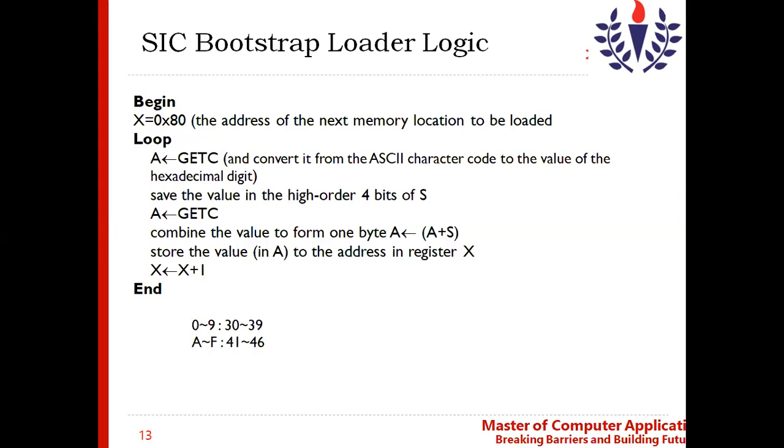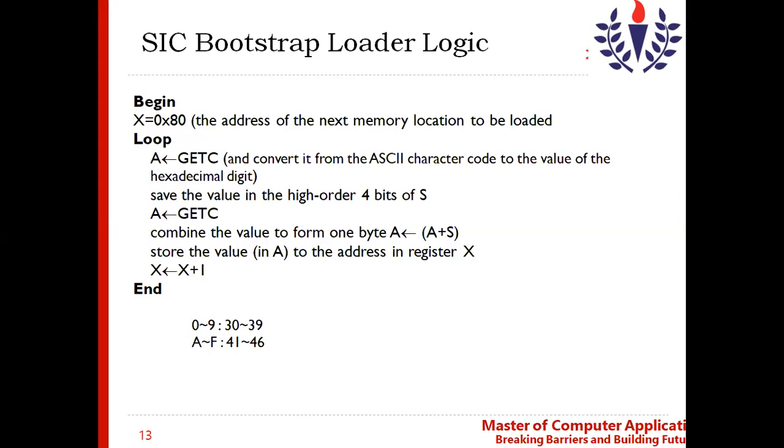Then again we call the getC function, so the next character will be read, and it will be in A. Now in A we have one character, and in S we have another character.